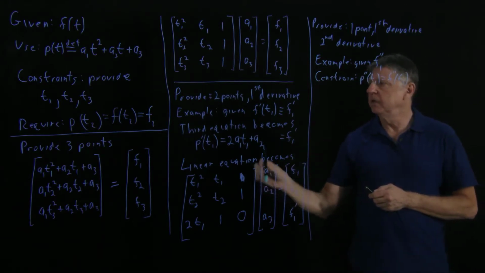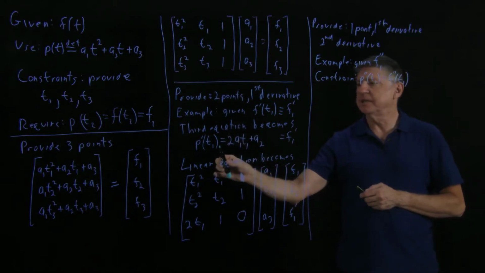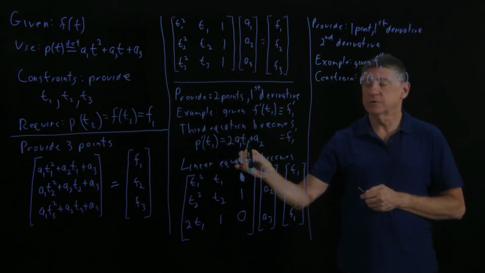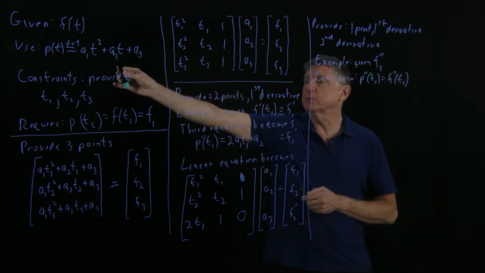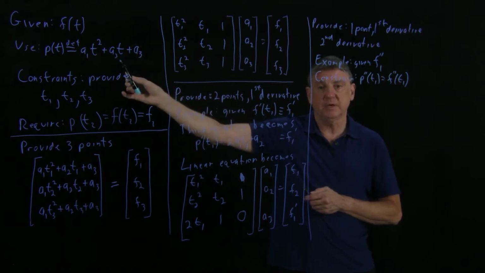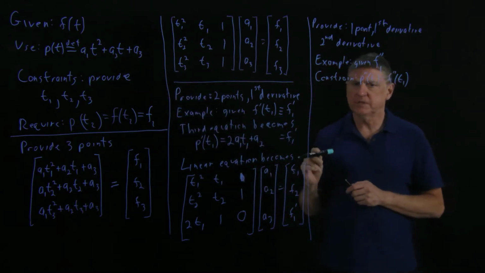And that would mean that we have to differentiate this equation twice with respect to T and substitute T1 in. Those turn out to be the same.